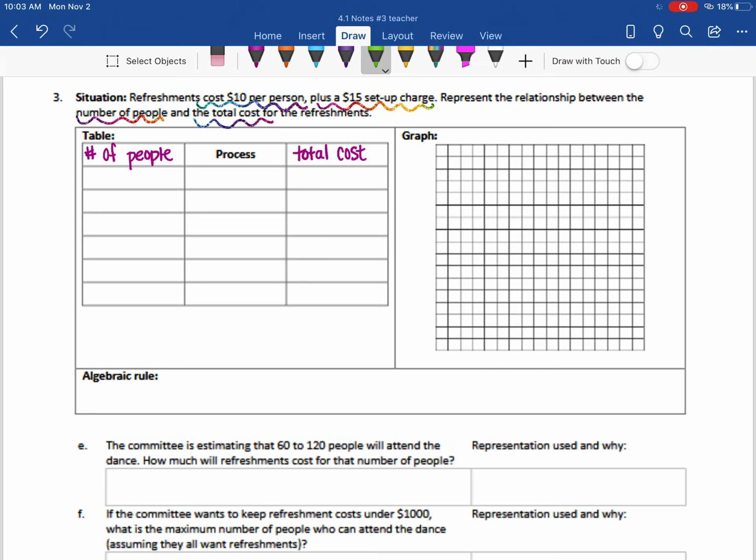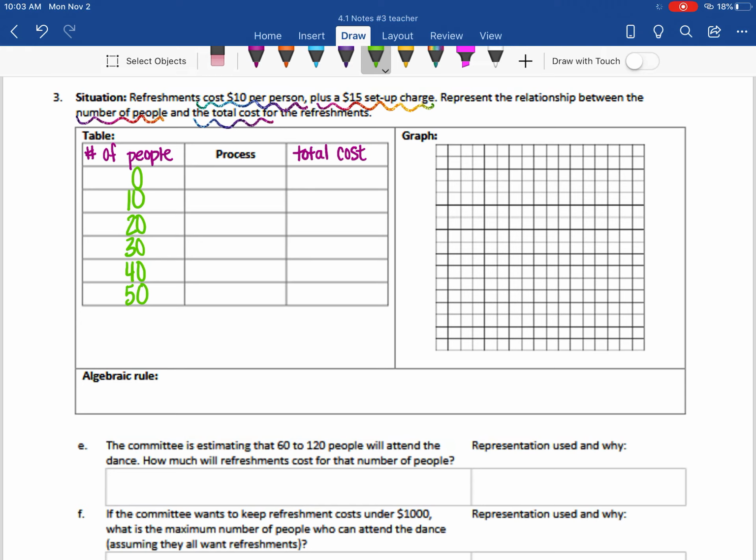So maybe we should count by tens, or maybe even 20s. Yeah, let's do tens. So 10, 20, 30, 40, 50.